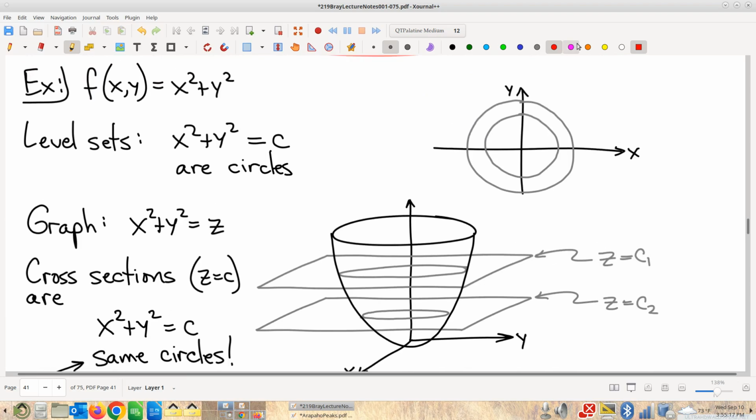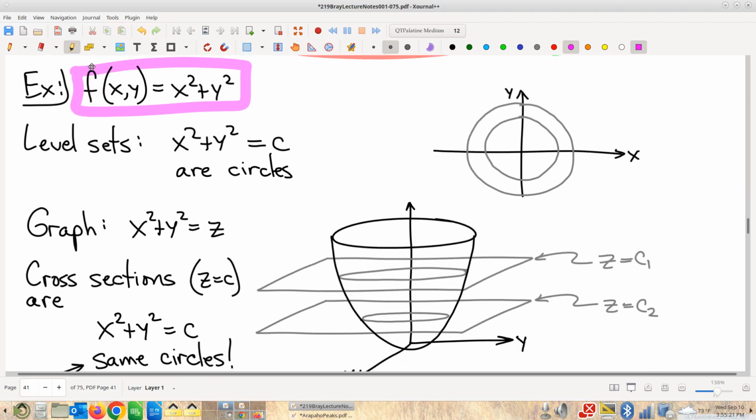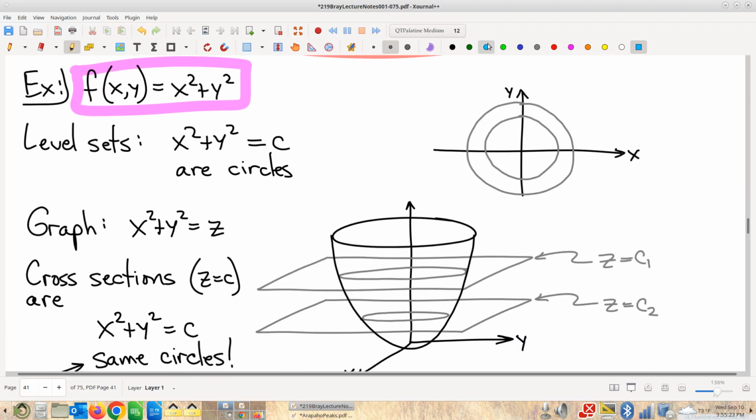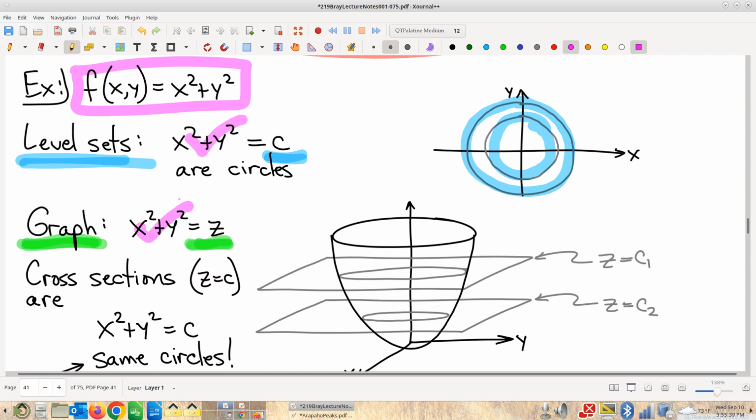Looking at this function right here, I've already forgotten what colors I used. Okay, the level sets are in blue. The level sets are circles. The graph, now keep in mind, same exact function. The graph is what I get when I set x squared plus y squared equal to z.